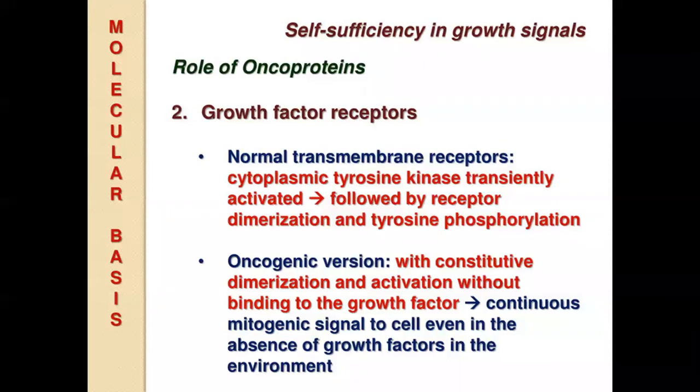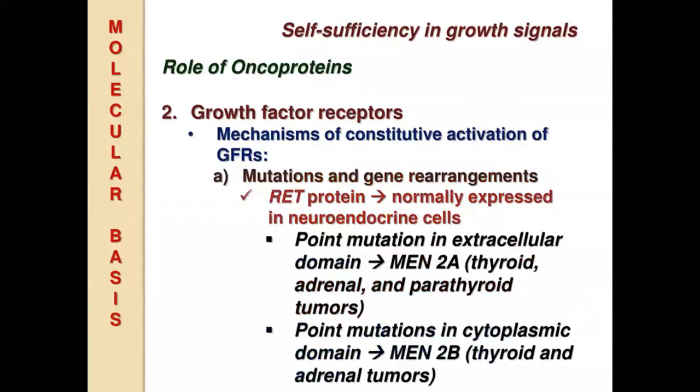Oncogenic versions cause constitutive dimerization and activation without binding to the growth factor, which leads to a continuous mitogenic signal to the cell even in the absence of growth factors in the environment. Growth factor receptor: the mechanism of constitutive activation of growth factor receptor.